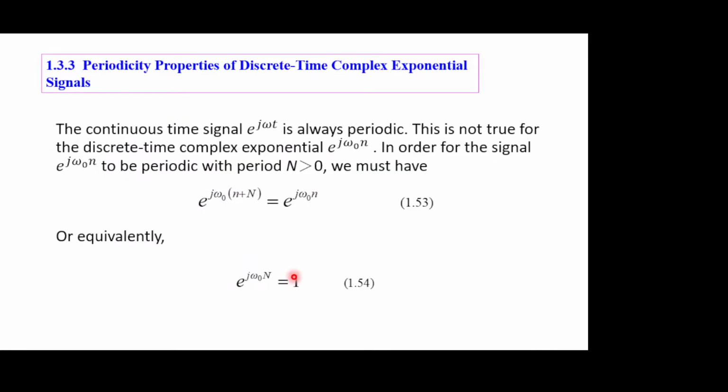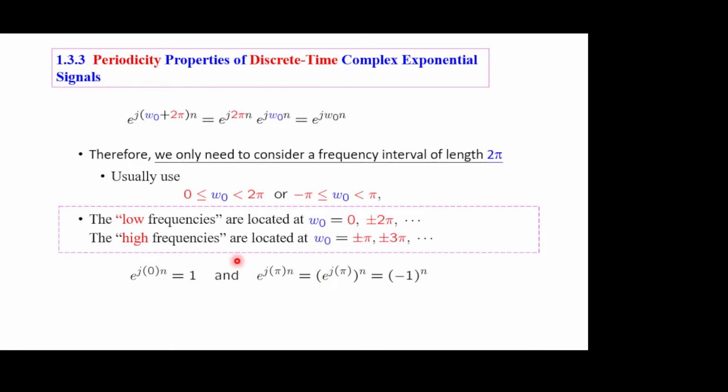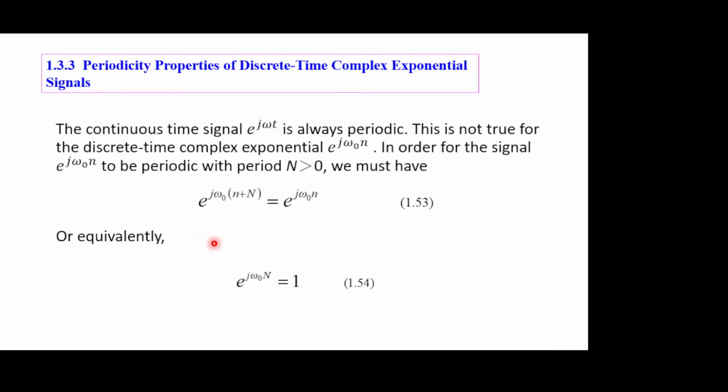Yeah. And another difference here, also kind of why we have the quotation marks here, is that this e to the j omega n is not even periodic for a lot of omega naught. Okay? That's very different from the signal e to the j omega t. In continuous time, e to the j omega t, as we said, is always periodic. But e to the j omega naught n is not always periodic, because when we calculate the period, it's 2 pi divided by omega, right?